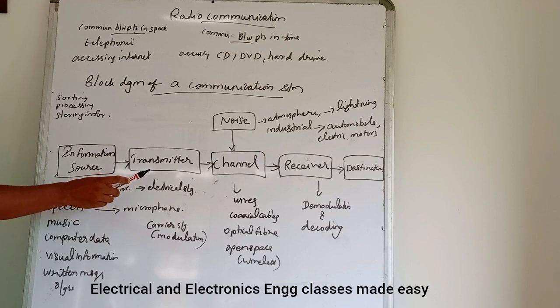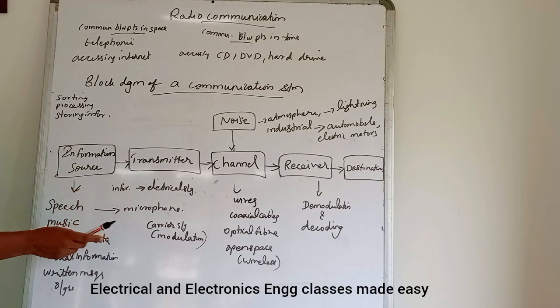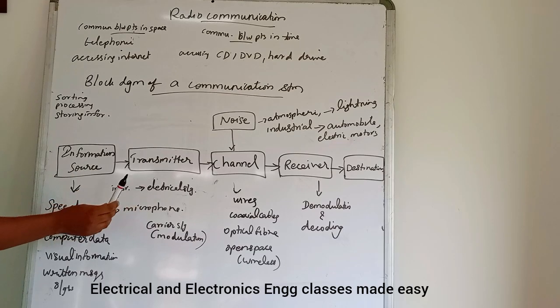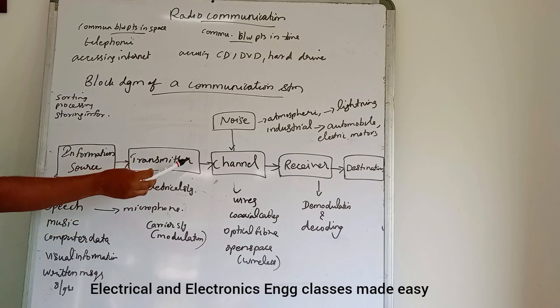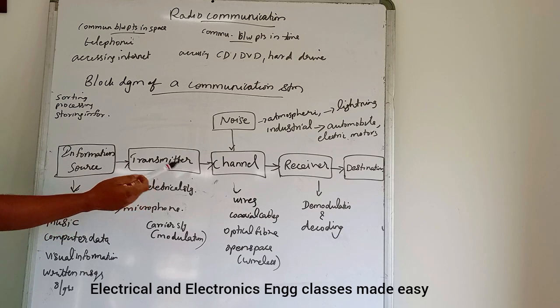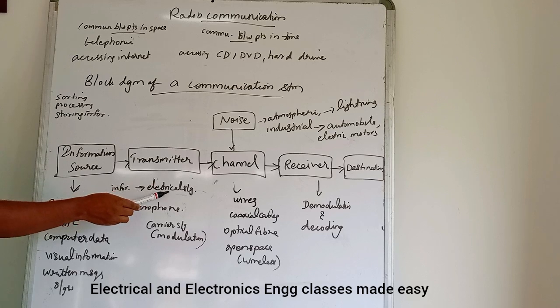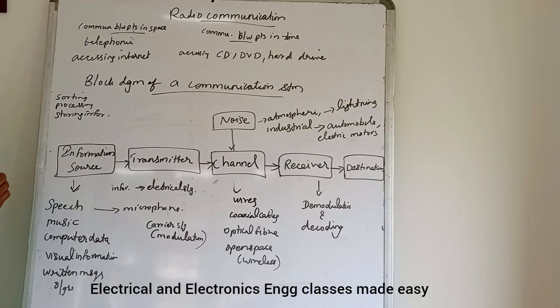Next is transmitter. The transmitter is a collection of electronic components and circuits designed to convert the information into an electrical signal suitable for transmission over a given communication medium. Usually, a microphone is used to convert speech into an electrical signal. Next, this signal is processed.